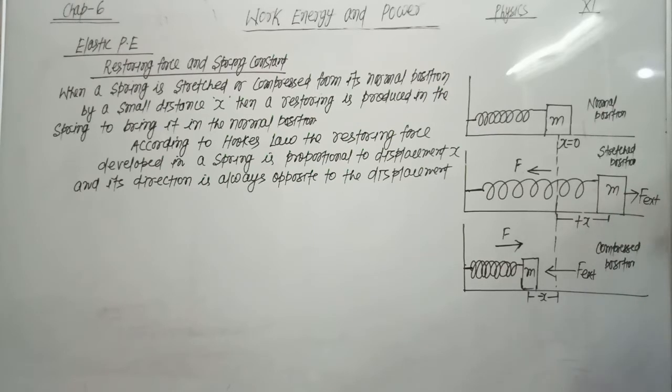If the restoring force is more, the displacement will be more. If the restoring force is less, the displacement will be less. And the direction of the restoring force is always opposite to the displacement. In this case, the displacement is in the forward direction, but the restoring force acts opposite to the displacement.